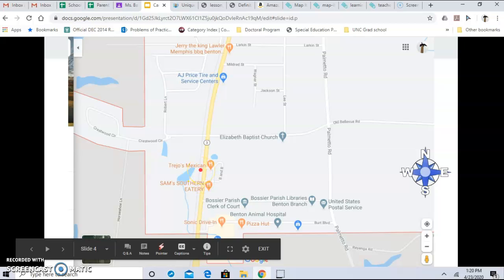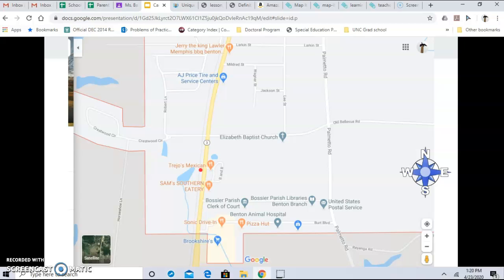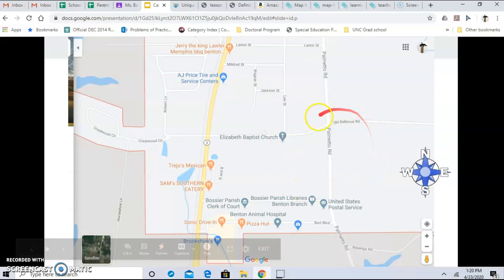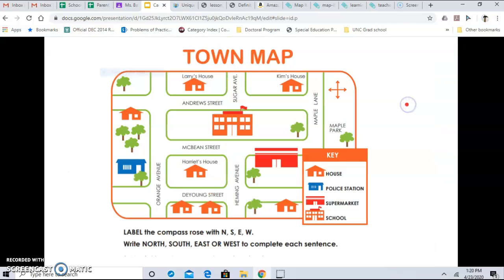I just wanted to show you this map just so you can get an idea that directions can help you find where you are compared to something, or what way you need to go to get somewhere. And so looking at this map of Benton, I thought would be helpful. I just wanted to go over it with you. This is going to be a while before we go over it again.